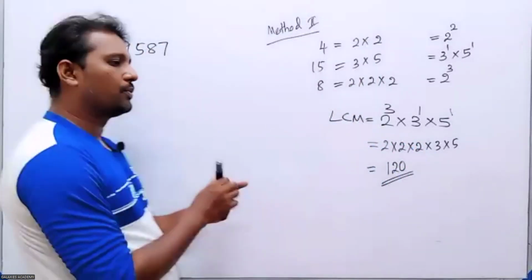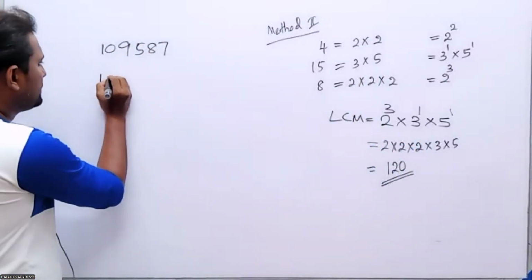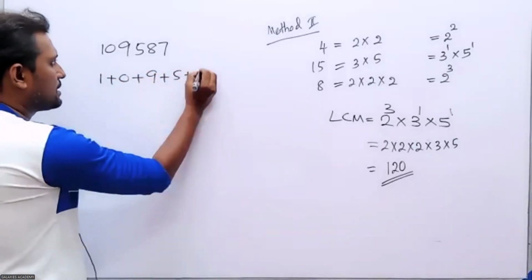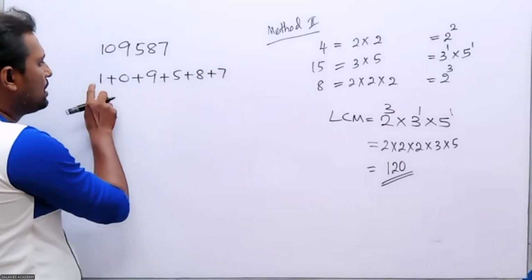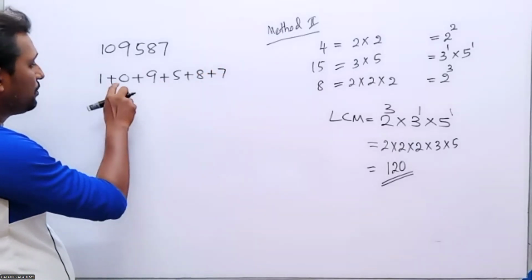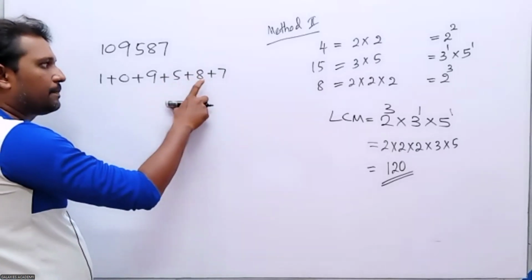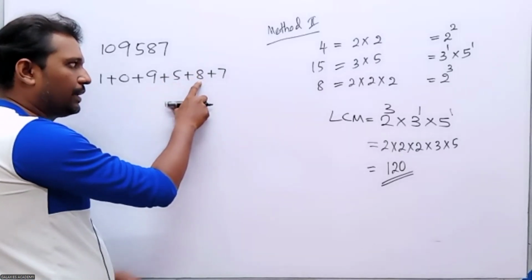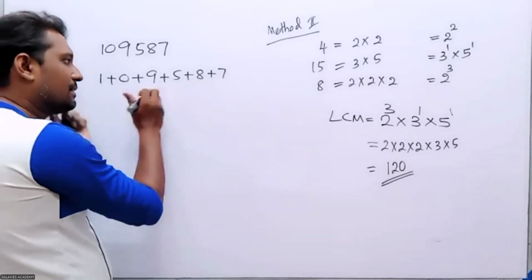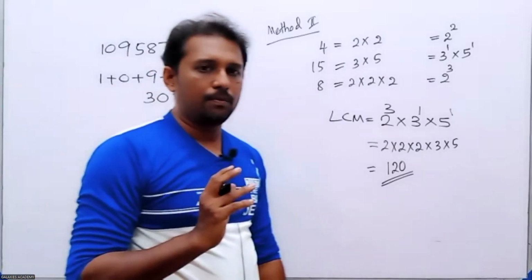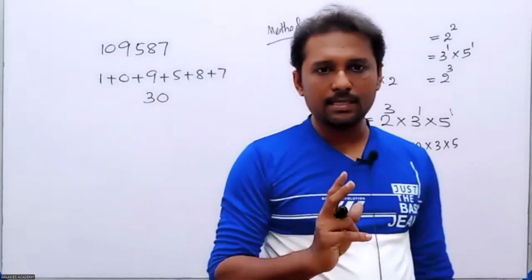Right. Now let's add 1 plus 0 plus 9 plus 5 plus 8 plus 7. 1 plus 0 is 1. 1 plus 9, 10. 10 plus 5, 15. 15 plus 8, 23. 23 plus 7, 30. 30 is not the digital root because there are 2 digits, right?